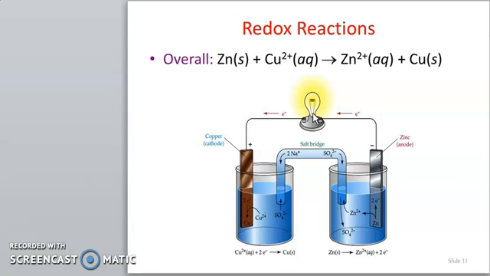So this is our electrochemistry study. Now we will discuss the next part in the next lecture. Okay, thank you.